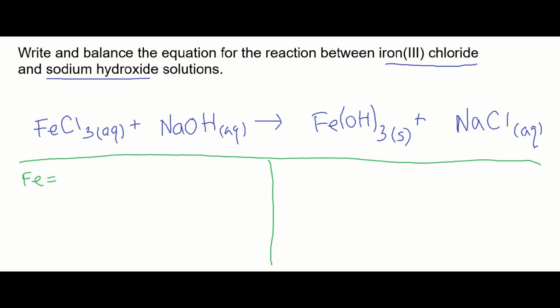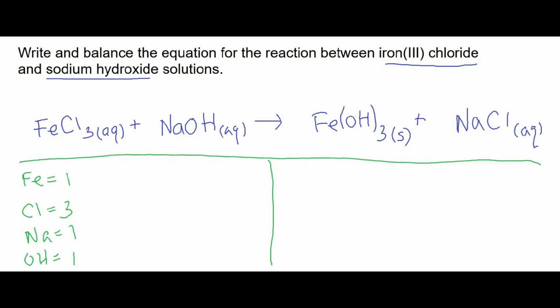On the reactant side, I see 1 iron, 3 chlorides, 1 sodium. I'm going to keep the polyatomic ions together because you can see before and after the hydroxide is unchanged, and there's 1 hydroxide.